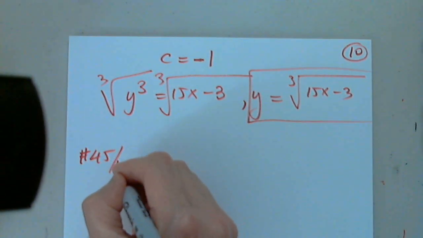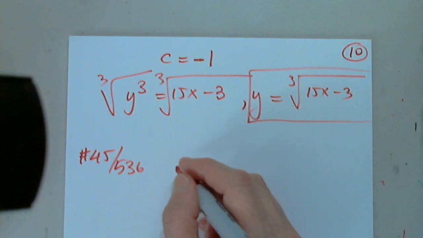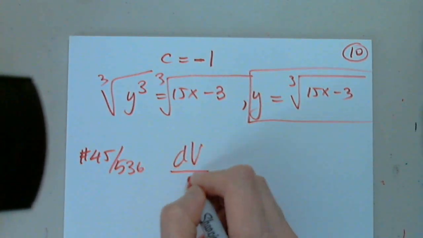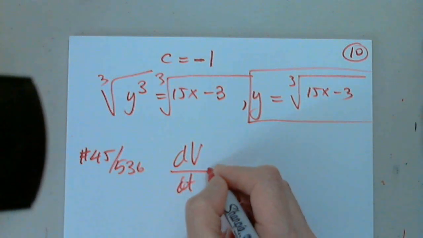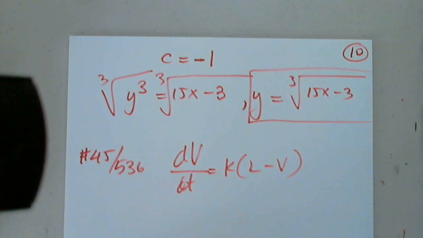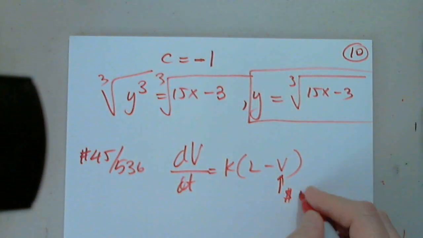The value of a share of stock of Leslie's Design Incorporated is modeled by dv over dt equals k times (L minus v). Where v is the value of the stock in dollars, so in dollars, value.